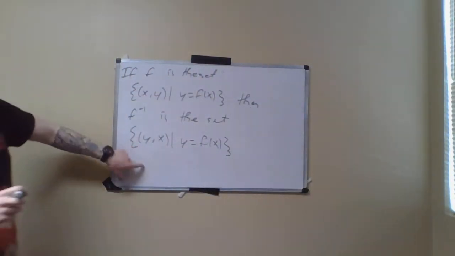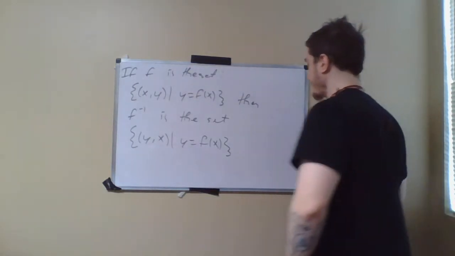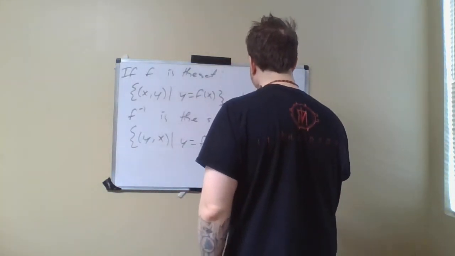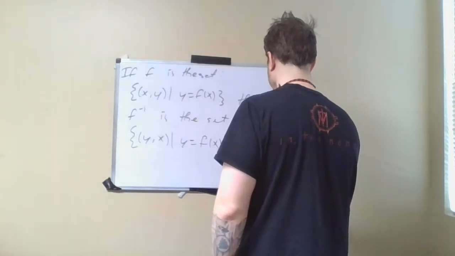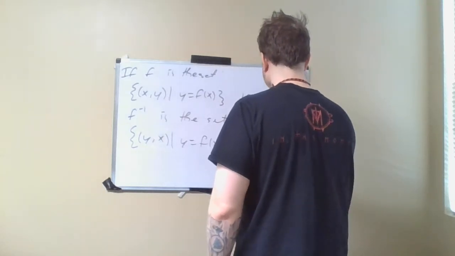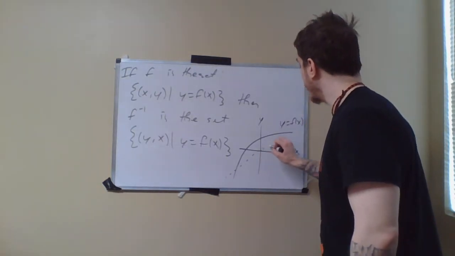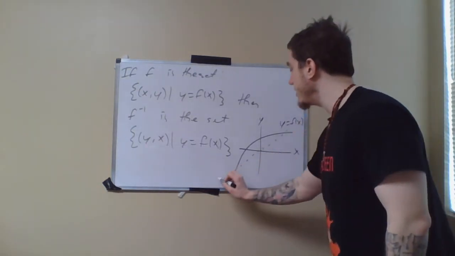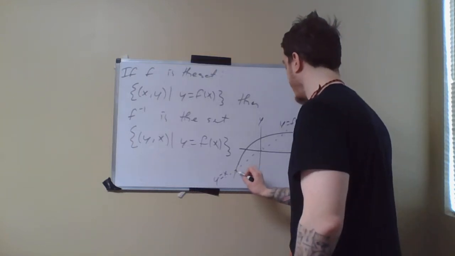This will then still be a function. And the nice thing about this is that if you take the graph of some function, so let's say this is my y equals f of x, here's my x and y, well, to get the graph of the inverse, you just take the mirror image along the y equals x line. So everything gets flipped.